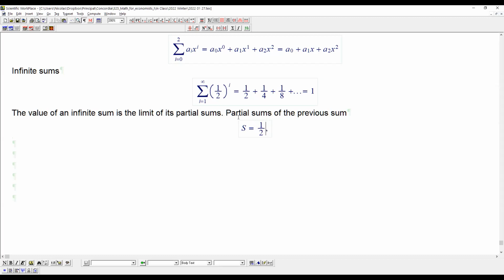So that's a series. So that's 1/2 plus 1/4, so that's 3/4. Then 3/4 plus 1/8, that's 7/8. And you see that this converges.